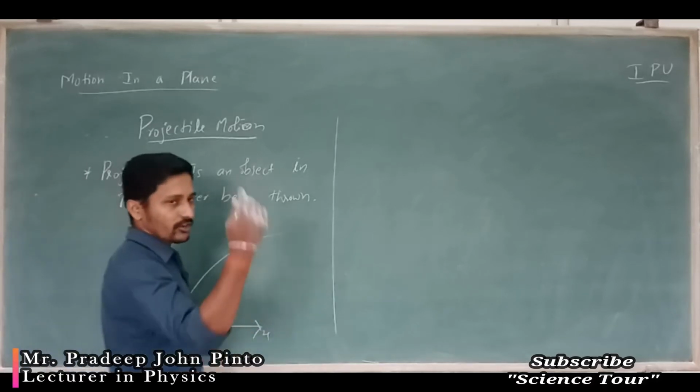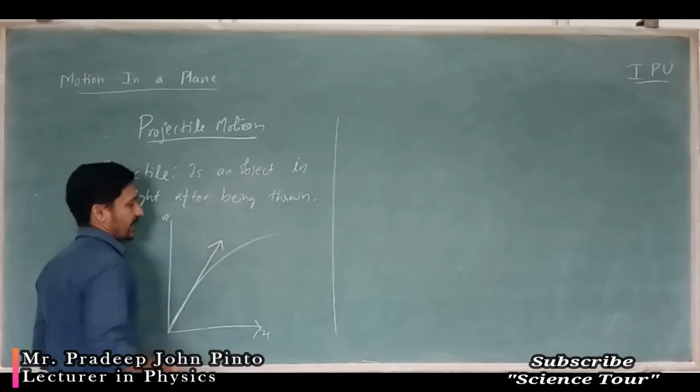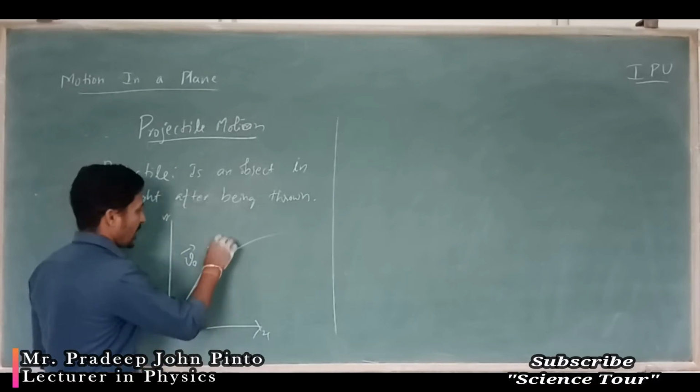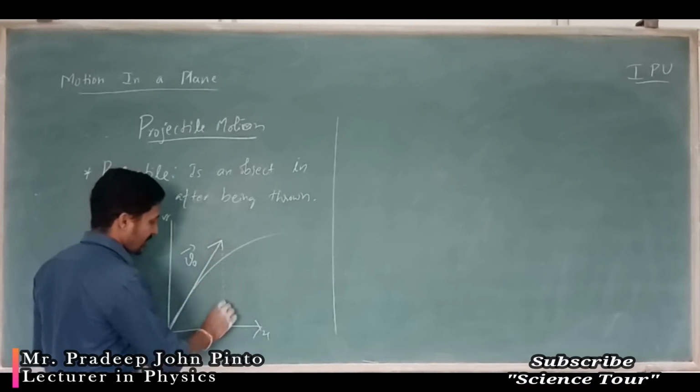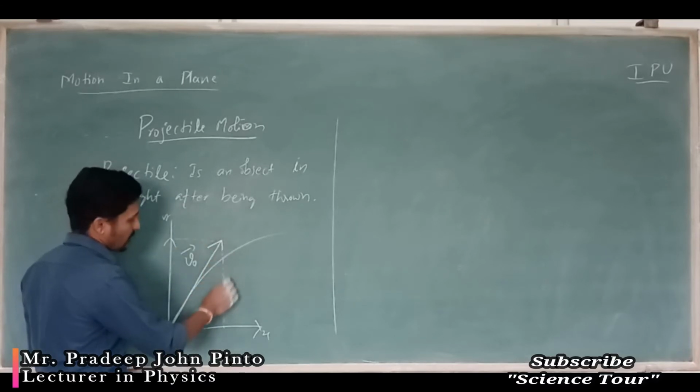The velocity you are given initially becomes the initial velocity. You have to write it down along the tangent, so it is the initial velocity vector. I have to draw a component along the x-axis and a component along the y-axis. Draw a perpendicular here.